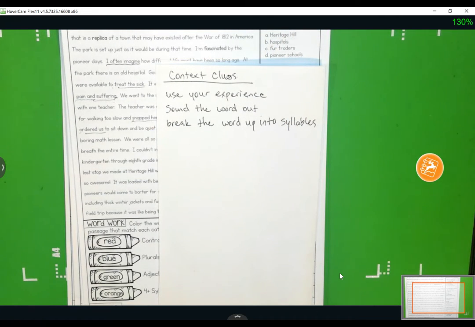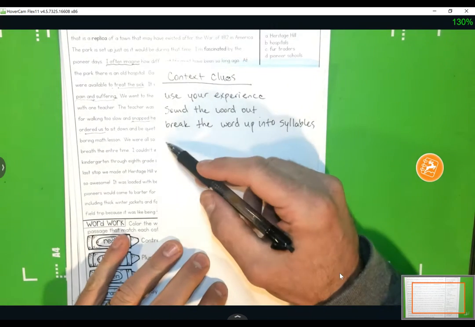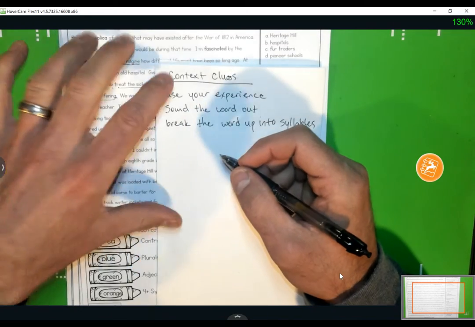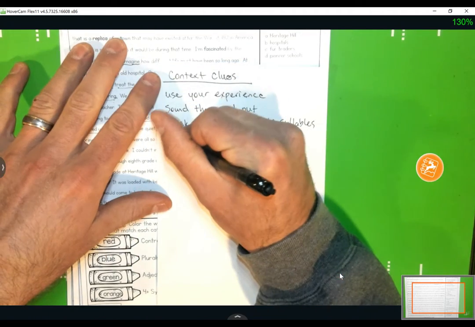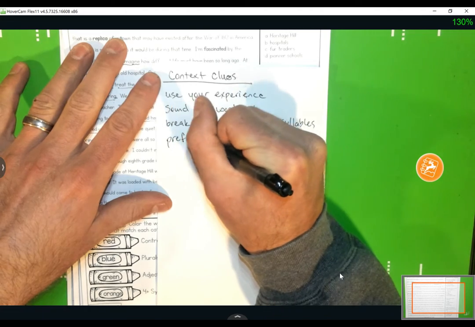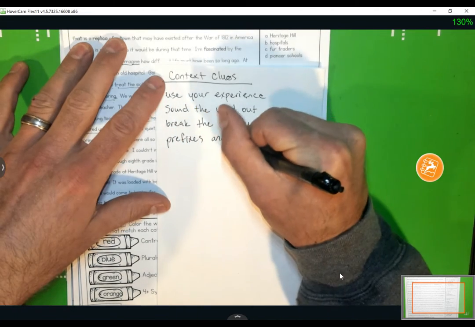Another thing that we do when thinking about context clues to help us understand the meaning of a word or create our own meaning of a word, which makes the word more meaningful when you're able to create an accurate definition for yourself, is take a look at the affixes of the word. That's your prefixes and suffixes.